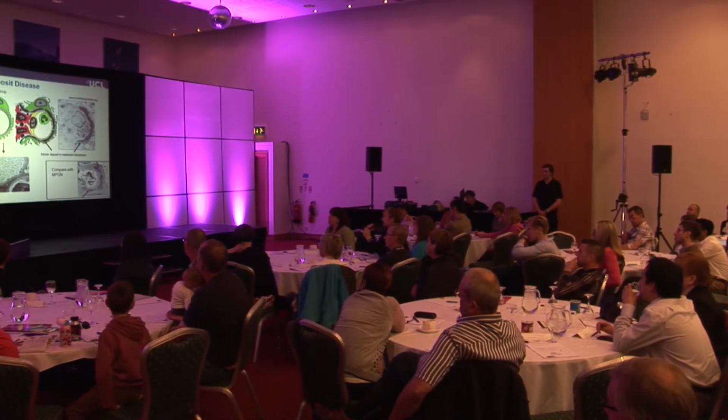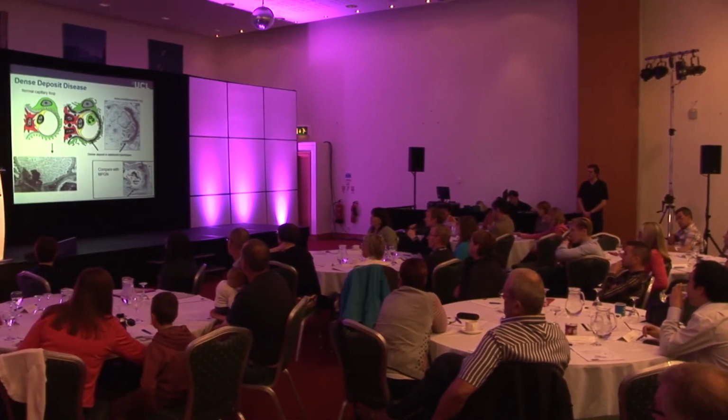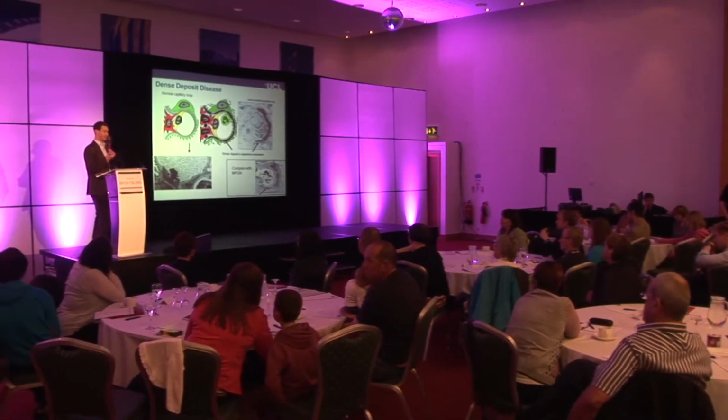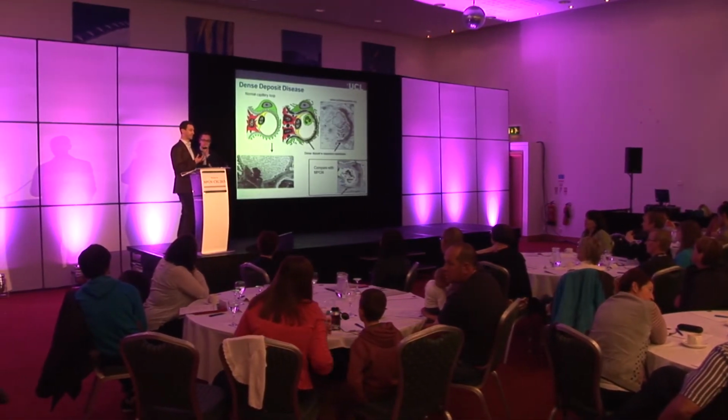Hi, I was just wondering, why does the C3 actually stay in the kidneys? Is it because of the positive pressure? It's a filter, so it's being pressed against the filter. That's a really good question, and it isn't completely understood why the C3 sticks to the kidney particularly. One reason is that a lot of blood goes through the kidney. A third of the blood flow through the human body goes through the kidney, so there's a lot of exposure.